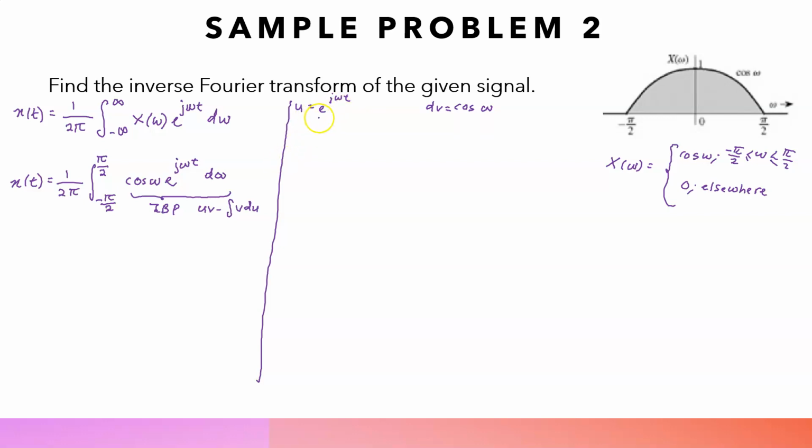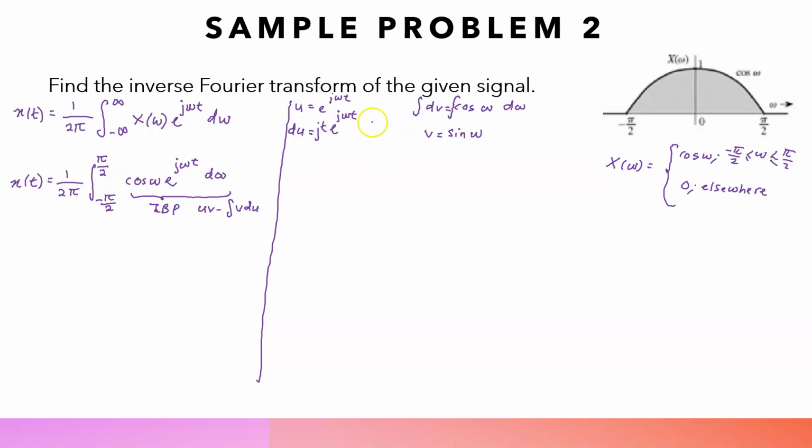So we choose this as u, then du will be jt e^(j omega t) d omega. Integrating cos omega d omega, we get v, which in this case is sine omega.